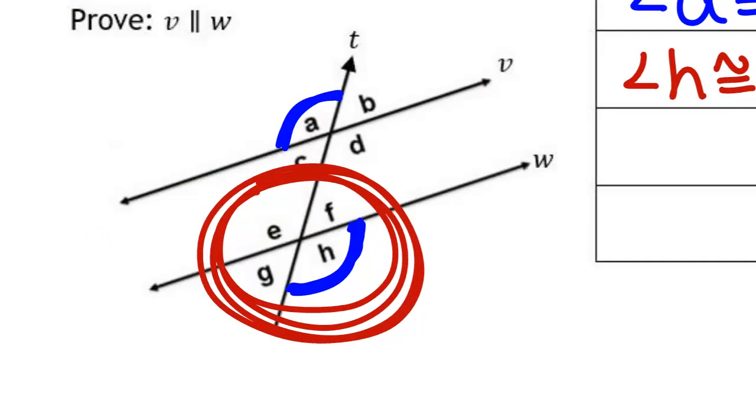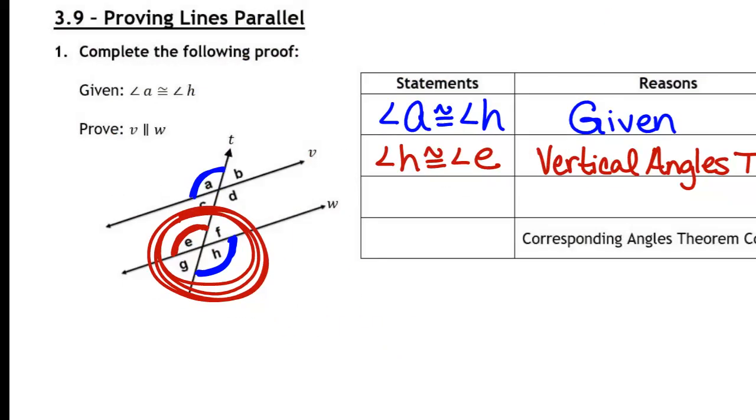All right, so now I know E is the same size as H. Well, if A is the same size as H, and H is the same size as E, what would that mean?